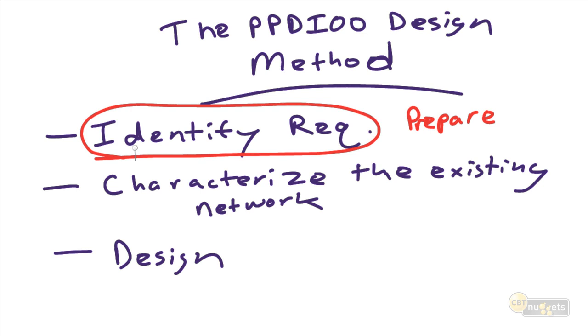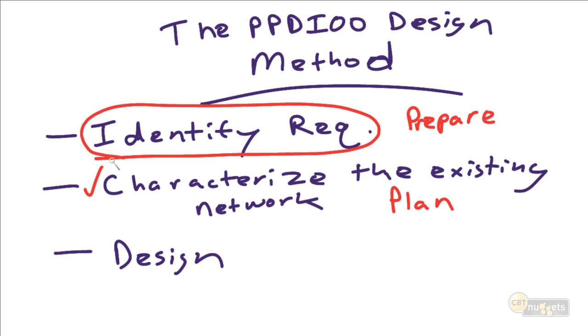Now, in subsequent nuggets, we'll focus on the additional design methodologies of the PPDIOO. For instance, in the planning phases, we want to make sure we carefully characterize the existing network of the customer. Sure, we want to make sure that we understand what issues they're having now.